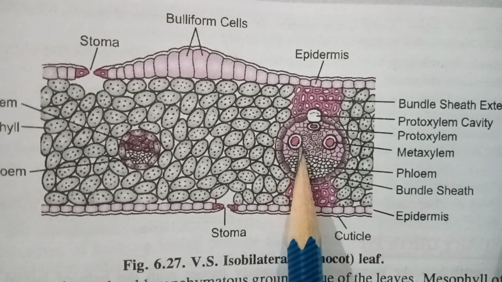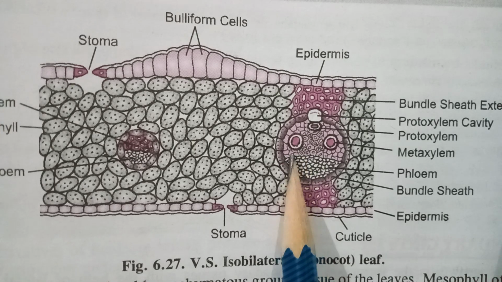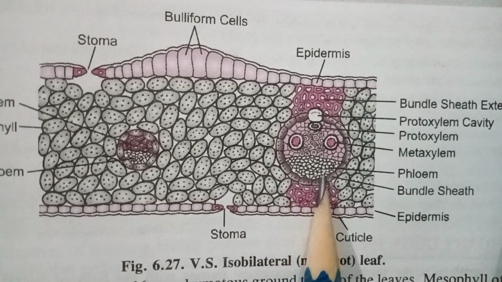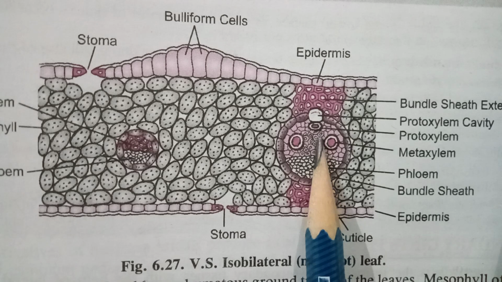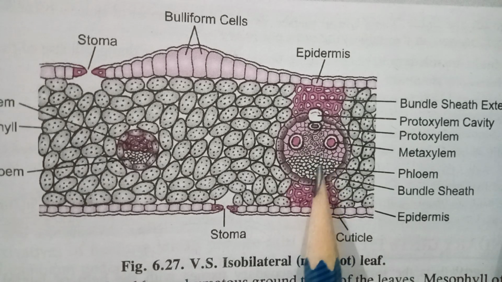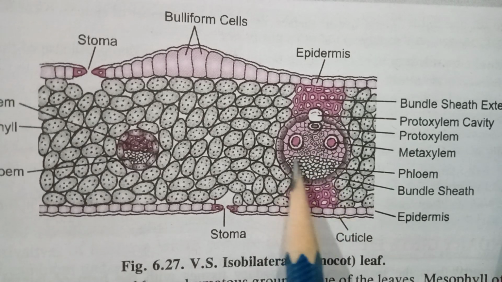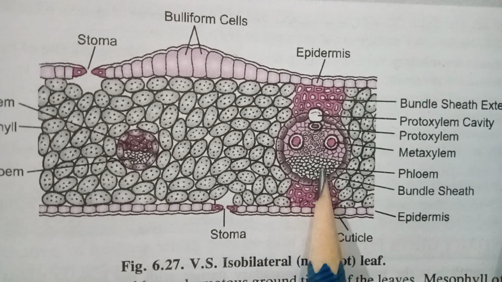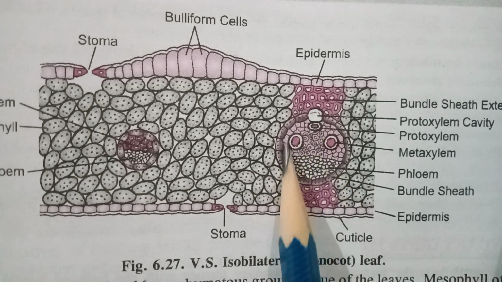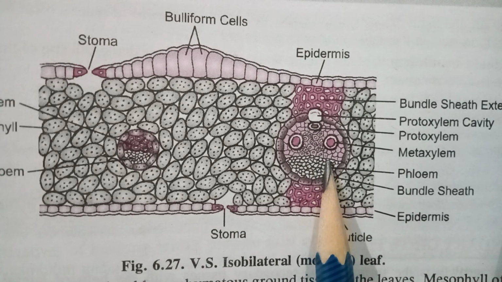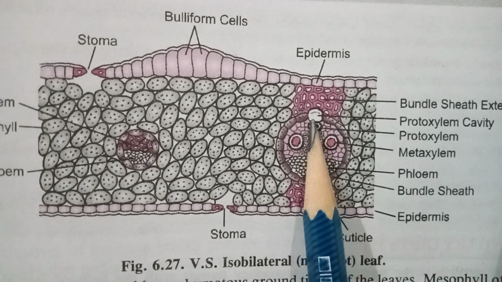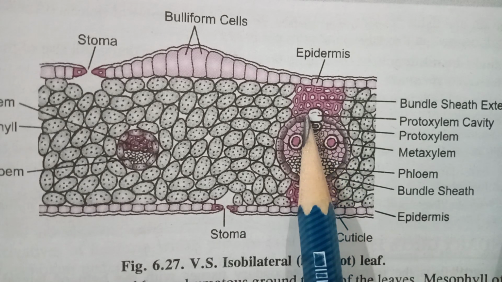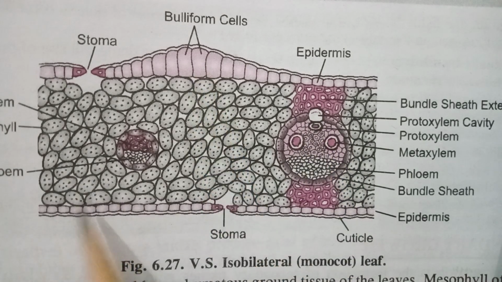Here metaxylem and protoxylem are present. The protoxylem is present towards the upper part, metaxylem towards the lower part, and towards the lower epidermis portion the phloem is present, and the whole vascular bundle is surrounded by the bundle sheath. But in the bundle sheath, a protoxylem cavity is present here. This is a different structure.